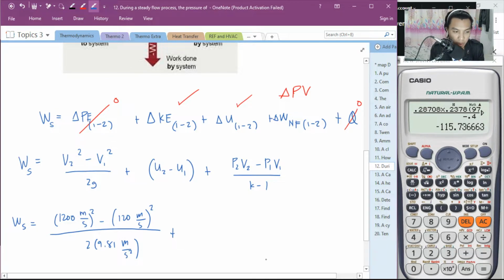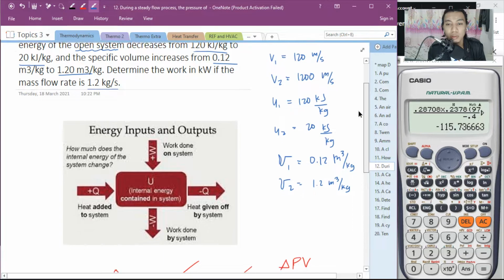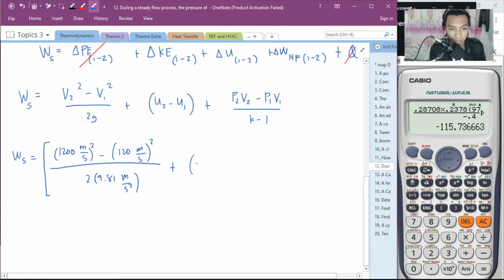Plus, excuse me, can I multiply this by the mass now? Okay, I'll multiply by the mass later, at the end. Plus U2 minus U1, 20 minus 120 kilojoule per kilogram.